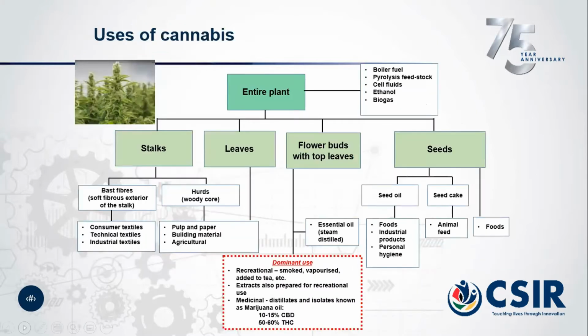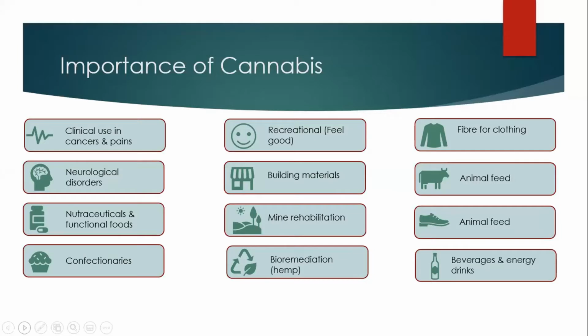And of course, this is on cannabis. The key thing there is in red, the dominant uses, which are mainly recreational and also the medicinal uses of this particular plant. I tried to put them according to importance, with marijuana on the left.